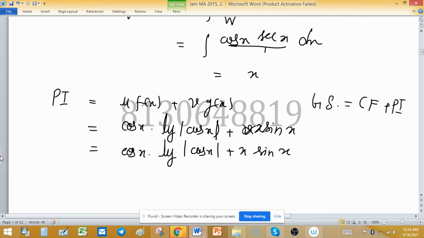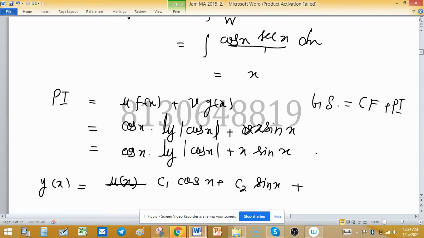The general solution is the complementary function plus the particular integral. So y(x) equals c1 cos x plus c2 sin x, the complementary function, plus the particular integral we evaluated earlier, cos x log of cos x plus x sin x.